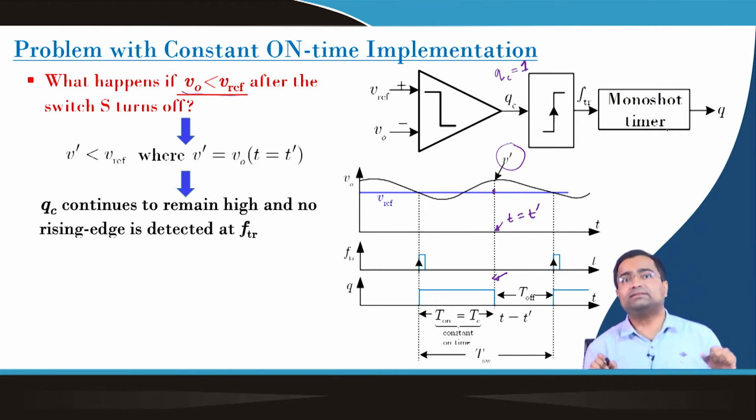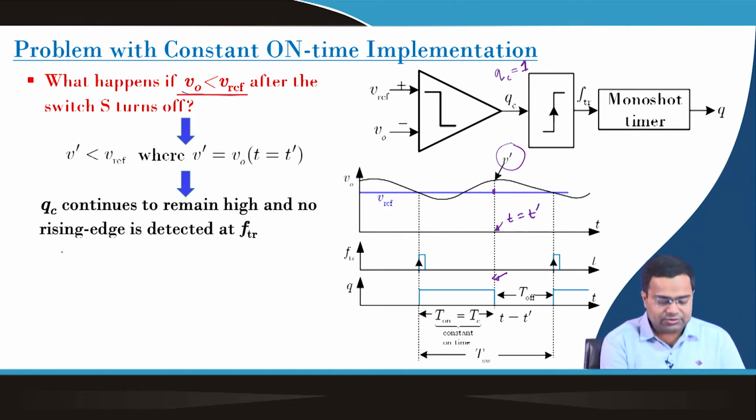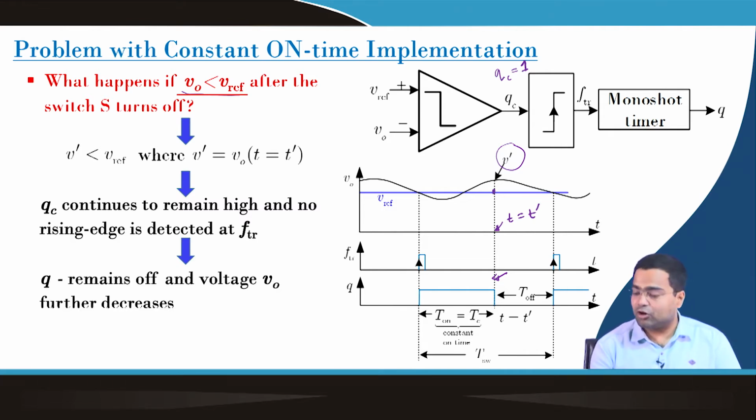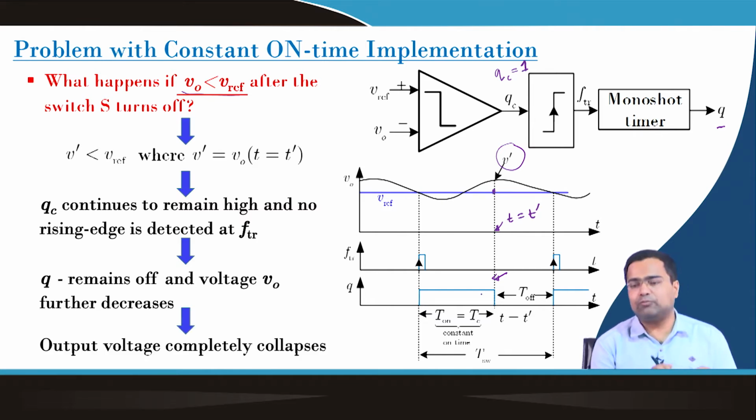So the switch remains off. There is no edge detected, so Q remains off, the switch remains off, and V0 further decreases. What will happen? The output voltage completely collapses, because it will continue to decrease while QC remains high and the switch remains off.